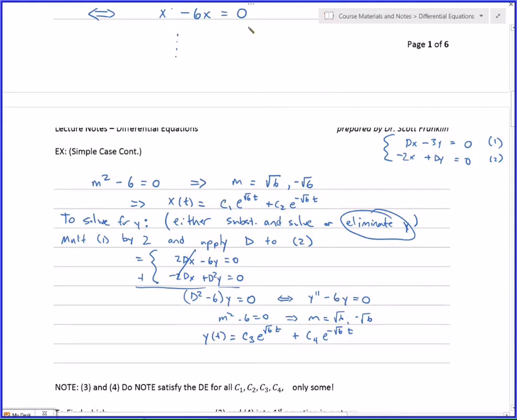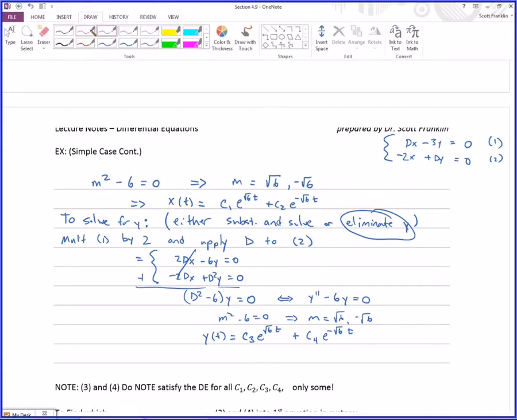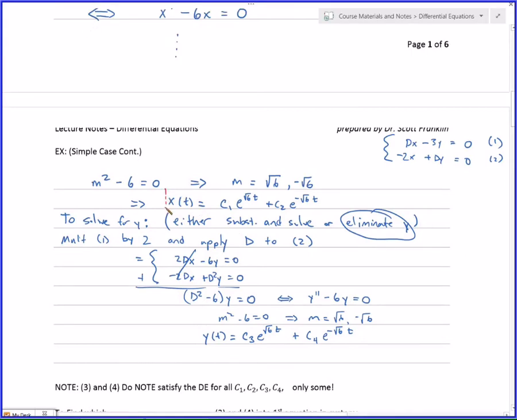Okay, so in a different color, and you can do it in a dash. Now we've got two equations here that we claim solve the system.